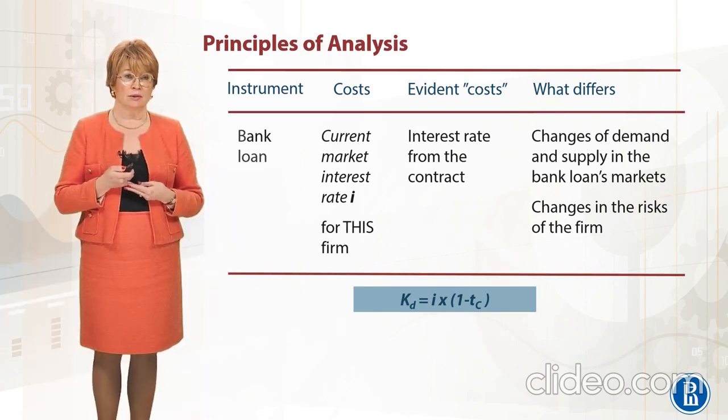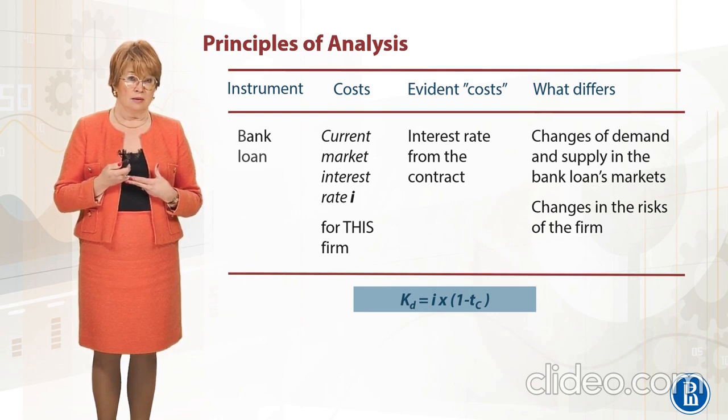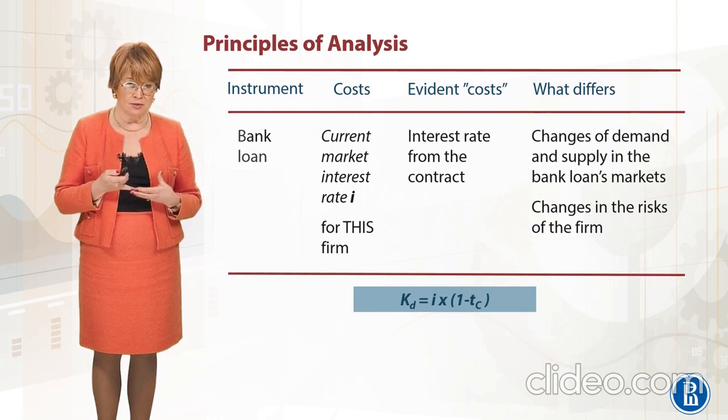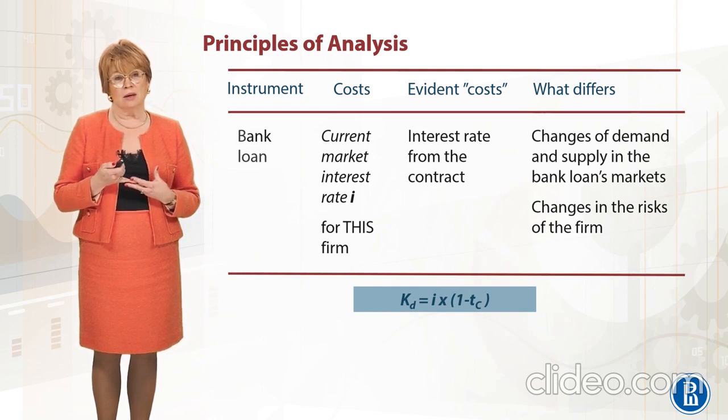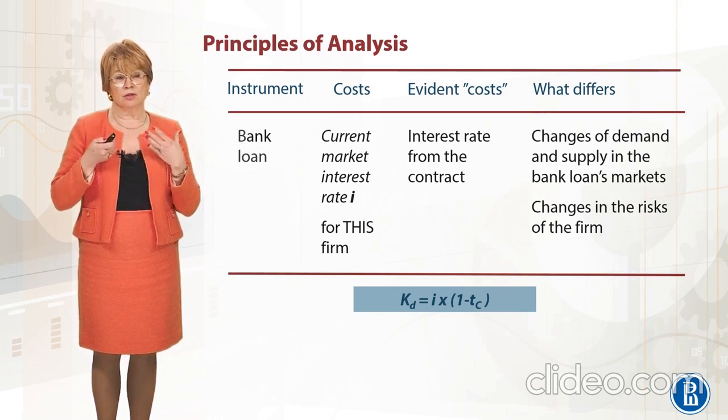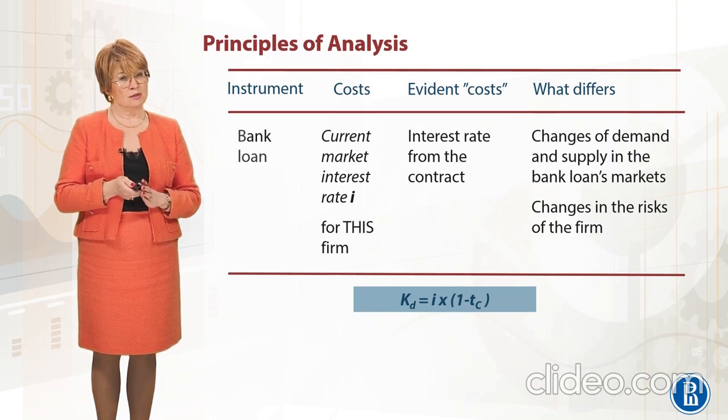So when you need to analyze the cost of debt, you need to understand the current market interest rate for that company, even though the bank loan was given to the company some years ago. You need to understand the current position, the current risk level of the company, and to assign the current market rate as if the company is going to borrow just now for the residual period of the bank loan.